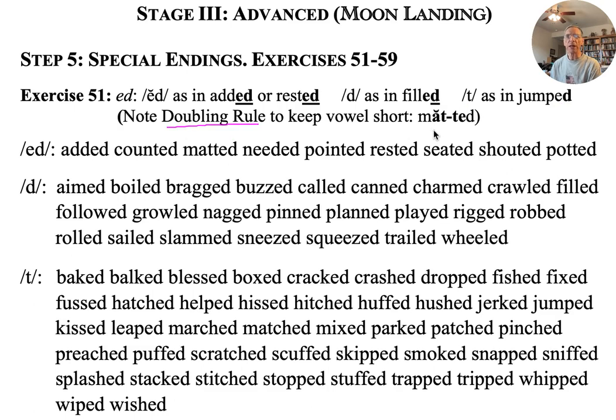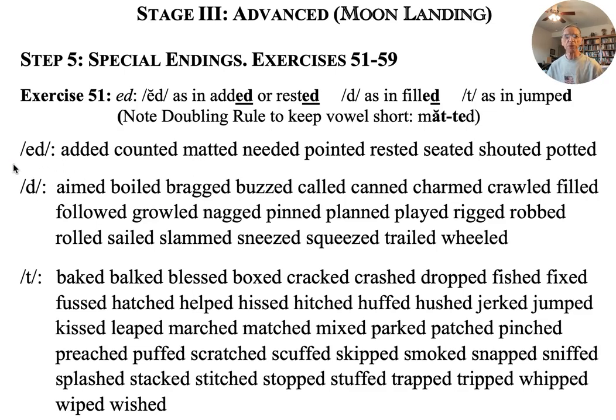In order to keep the vowel in front of this ED ending short, we have to double the consonant. So here we have 2 T's. And as we look at these words, we're going to note that. It's very important to realize why you have 2 letters there instead of 1.